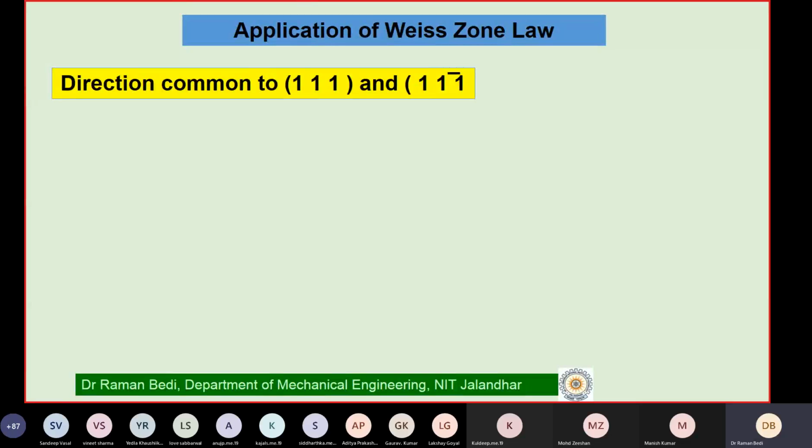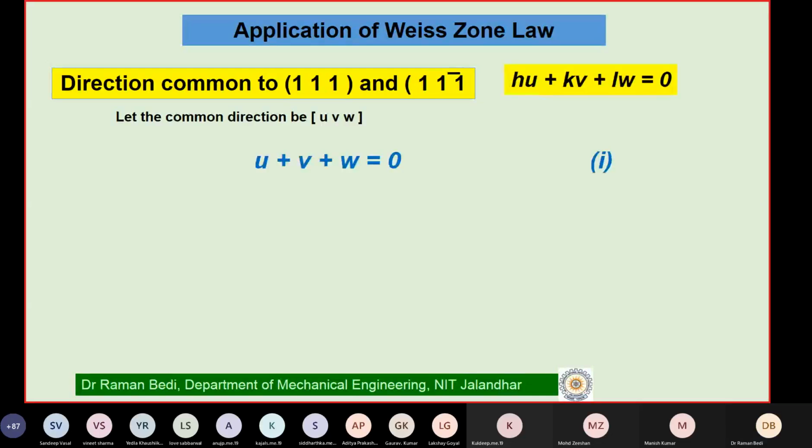So I have the two planes 1 1 1 and 1 1 bar 1. Common direction, if it is UVW. For the first plane, the V-zone law tells me that if the direction UVW is to be contained in the 1 1 1 plane, what shall be true?